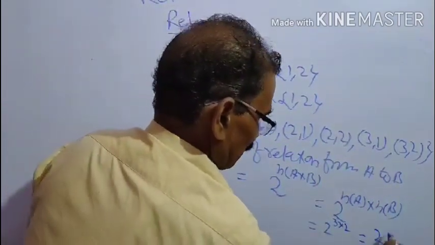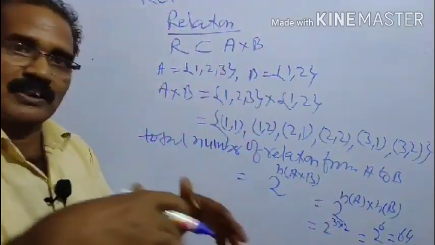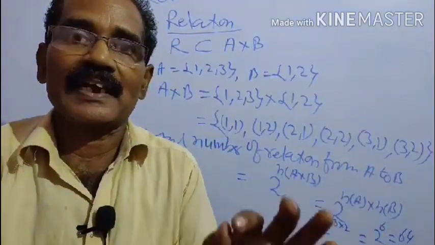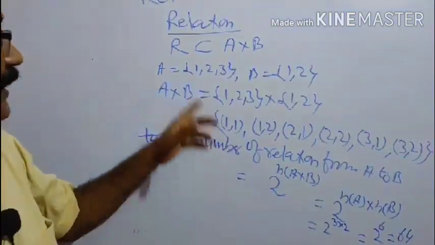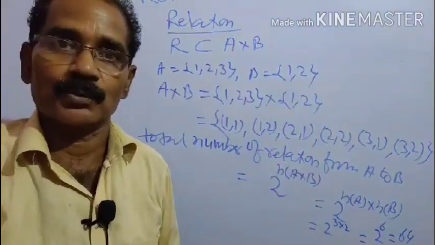It means 2 raised to power 6, that is 64. So we observe that 64 such relations can be formed taking A = {1, 2, 3} and B = {1, 2}.